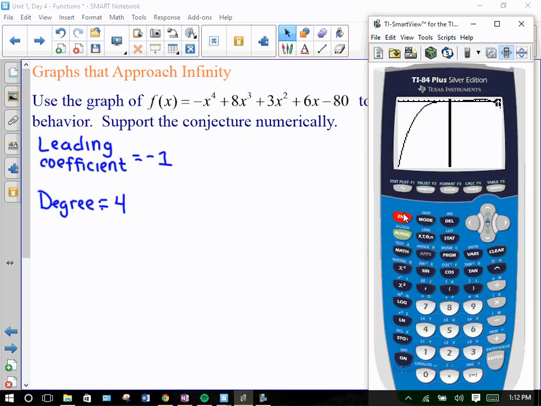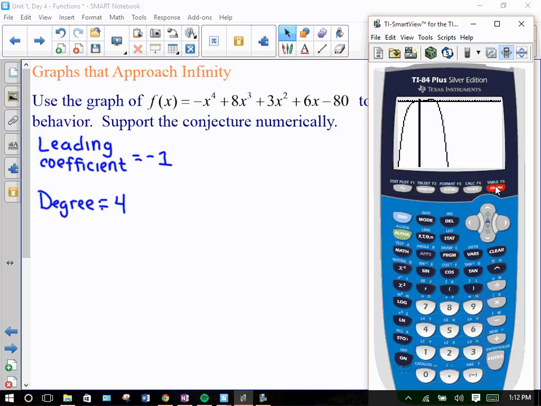I'm going to hit window, and I'm going to make my x max, let's just say 40 today. Alright, so there's my function. I just messed around with it because I want to see a little bit more of the graph.